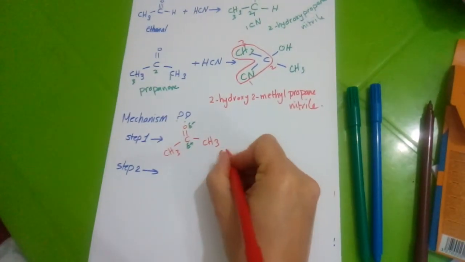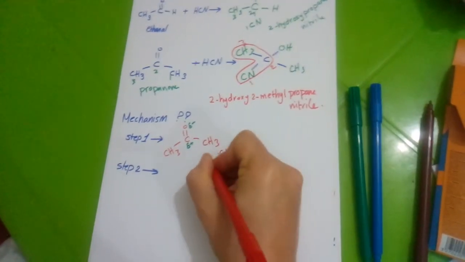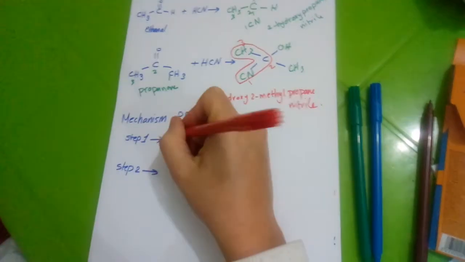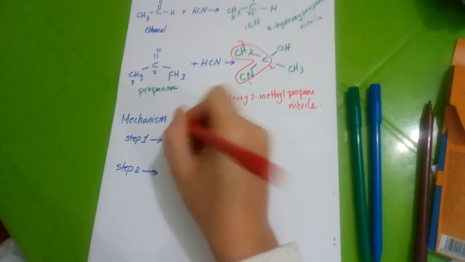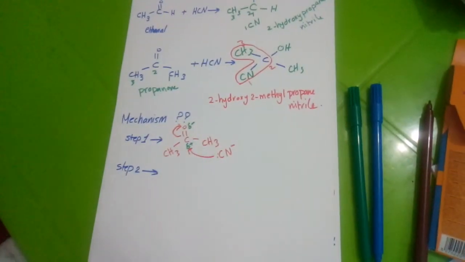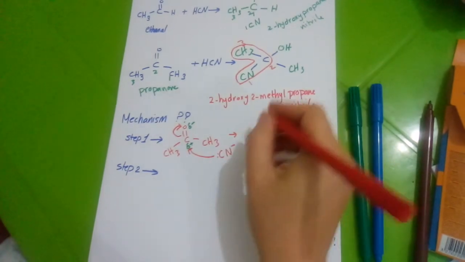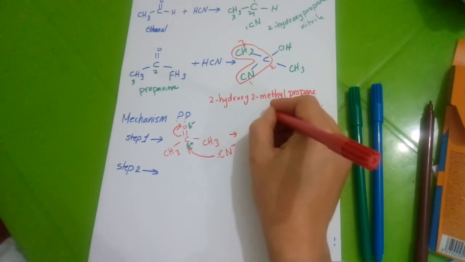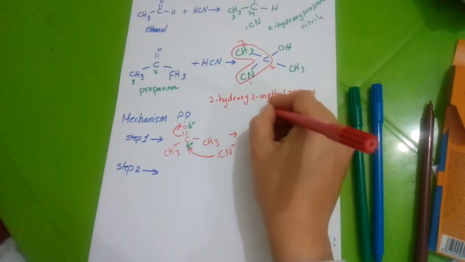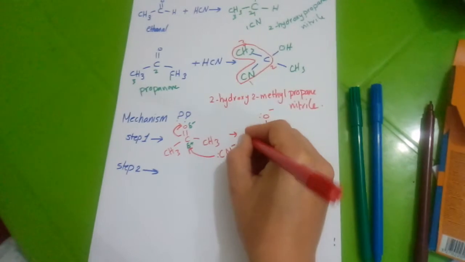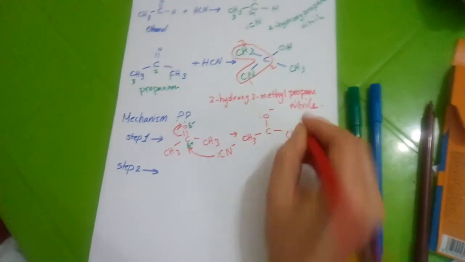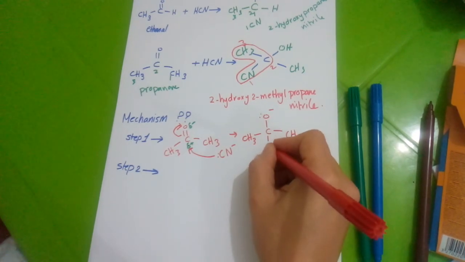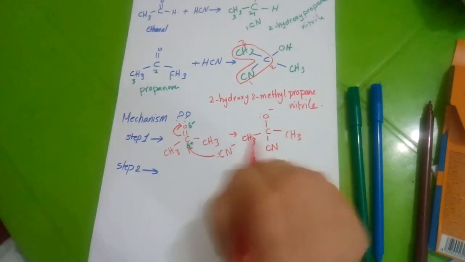By a cyanide ion. Okay, and we have to draw this arrow, and that bond will be broken heterolytically to form my intermediate. My intermediate will be like this, C with oxygen, and it has a pair of electrons and negative charge, and we have CH3 with CH3 as it is without changing, and the cyanide ion has been added to my compound.